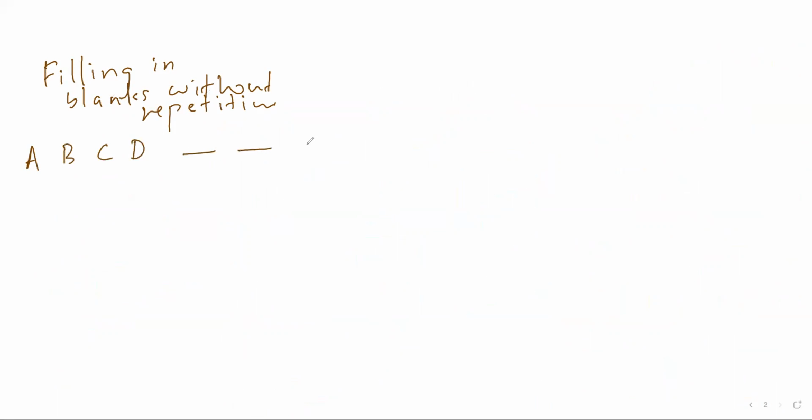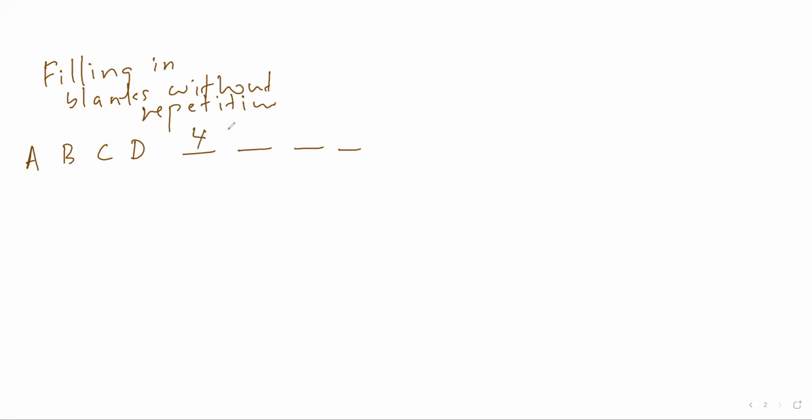So let's say filling in blanks without repetition with the letters. Okay, so take for example, you have letters A, B, C, and D, and then you have to fill up 4 blanks. So this is a task.